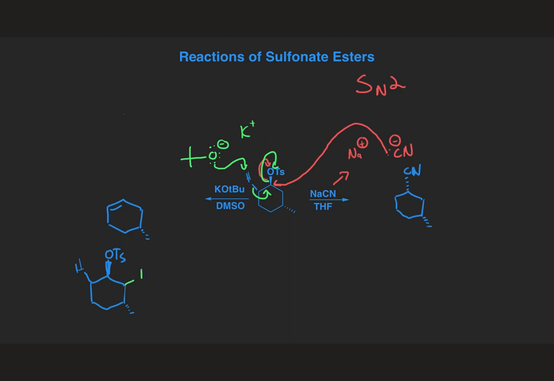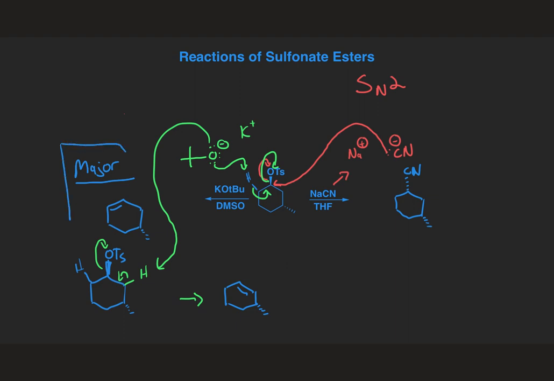However, this hydrogen could also be deprotonated, which would give you this product. This methyl group here means that this hydrogen is more accessible than that hydrogen, and so I would expect the major product to come from the proton that's easiest to remove, so likely this is the major product, although I expect this minor product will also be observed.